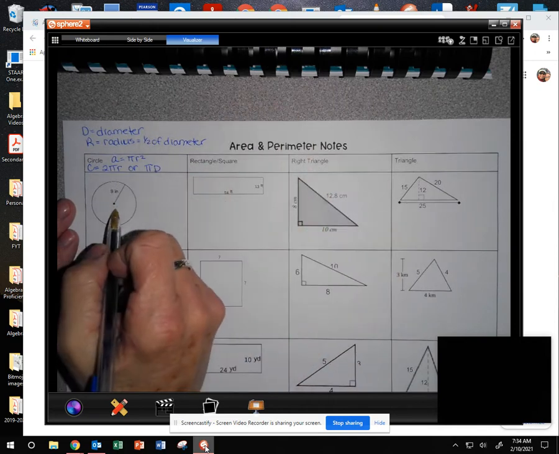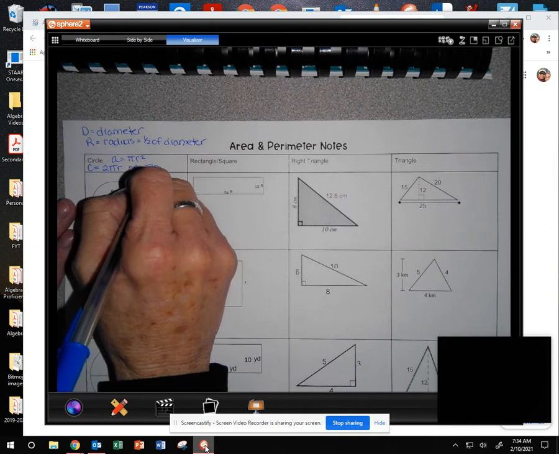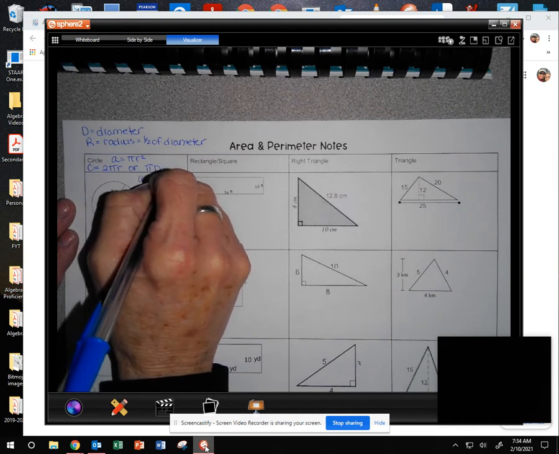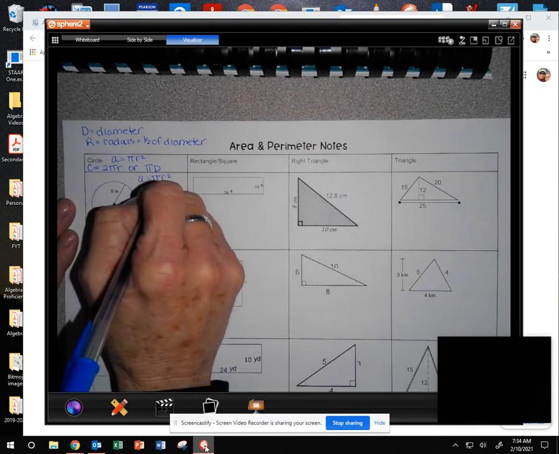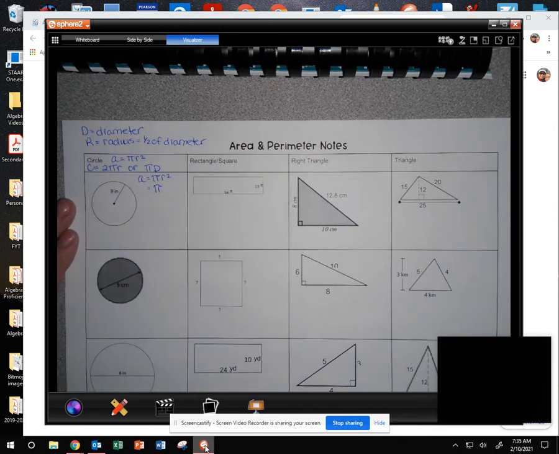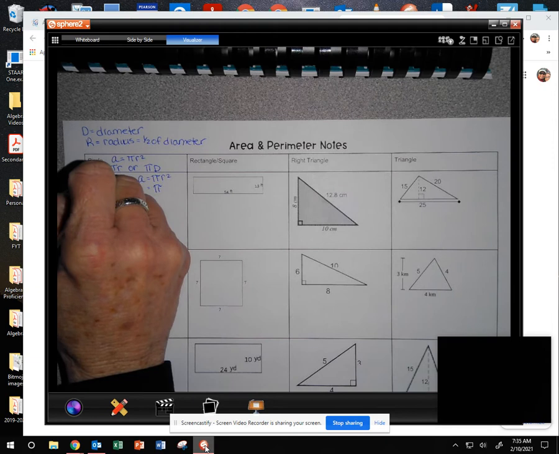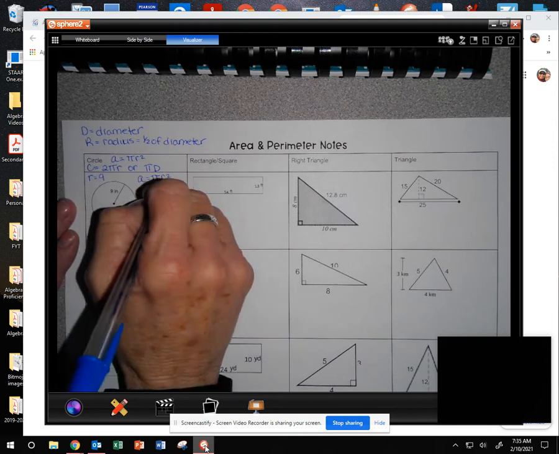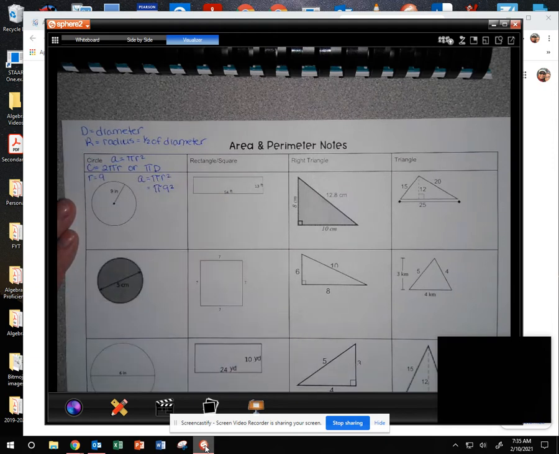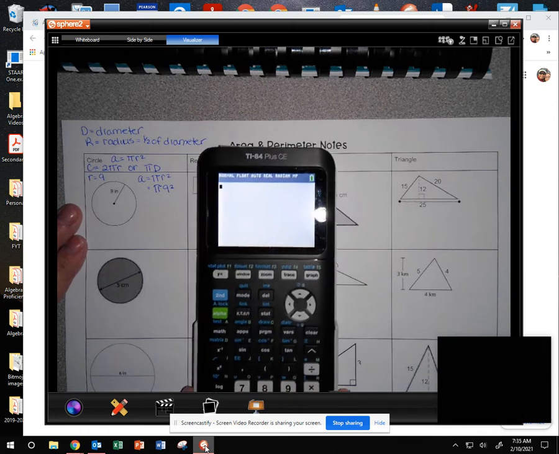So let's look at this one. Let's see if we can solve for the area. So area equals pi r squared. Area equals pi. Now, one thing I want you to do, you need to be able to write all of the formulas and label everything. So on this circle, I know my radius is 9. So 9 squared. Now, on your calculator, you will be using pi on your calculator.